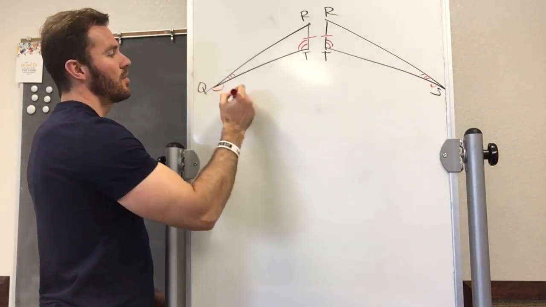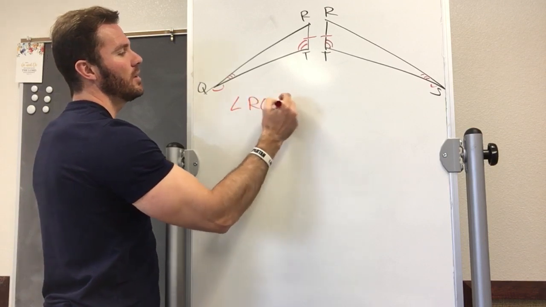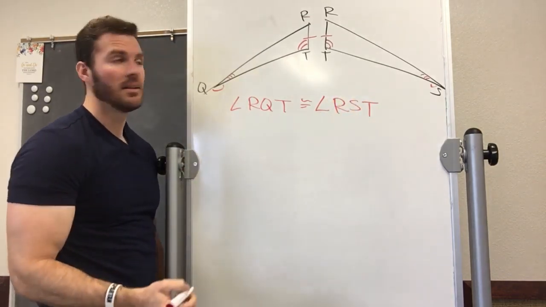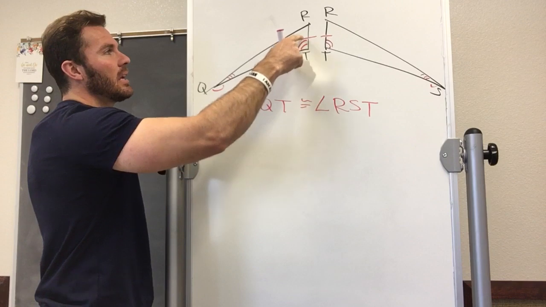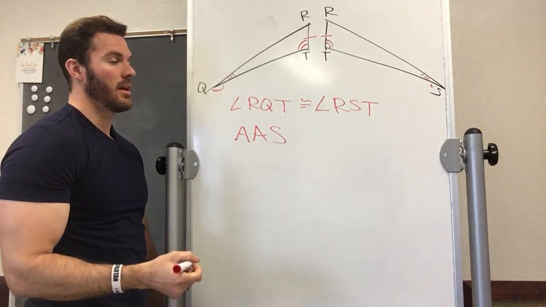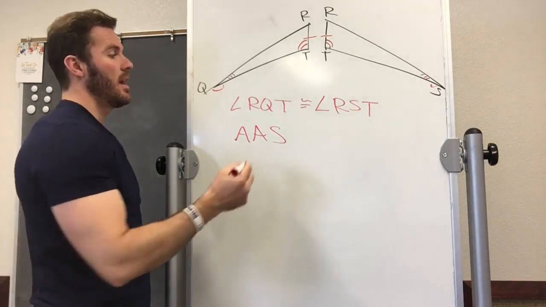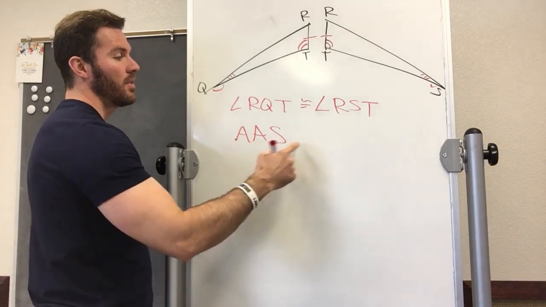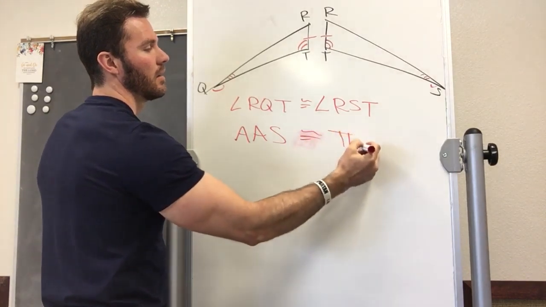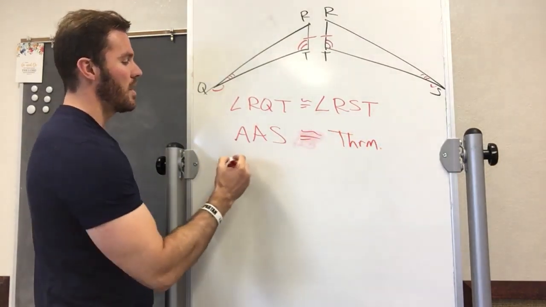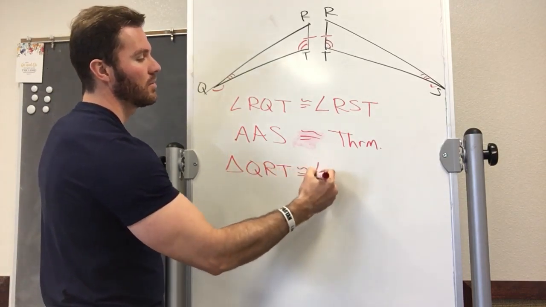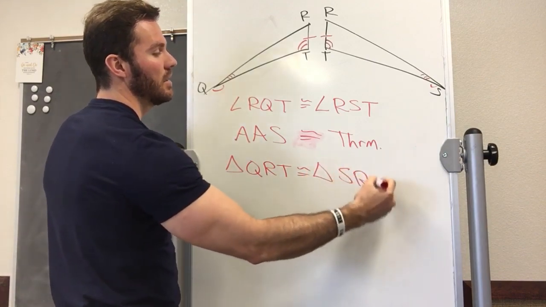Okay, so angle RQT is congruent with angle RST. Now we have angle, side, angle, side. Okay, congruence theorem. And now with this congruence theorem, triangle QRT is congruent with triangle SRT.